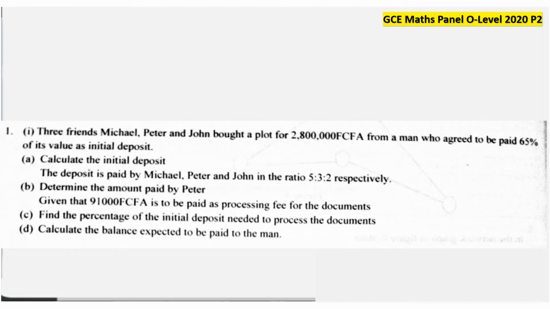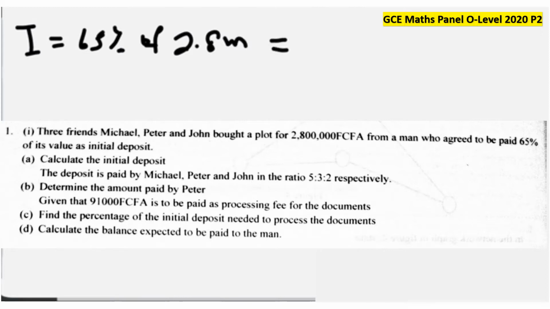So the initial deposit, I, will be given by 65% of 2.8 million. When we simplify, you have a value of 1,820,000 FCFA.